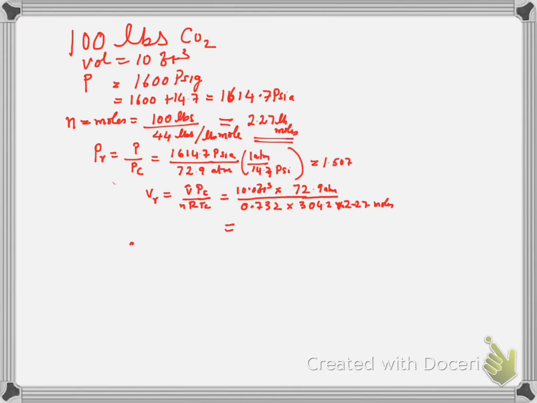I've got numbers, so let's do the calculation here. Any numbers? 1.45. 10 cubic feet times 72.9 divided by 0.732 divided by 304.2 divided by 2.27 equal to 1 point.